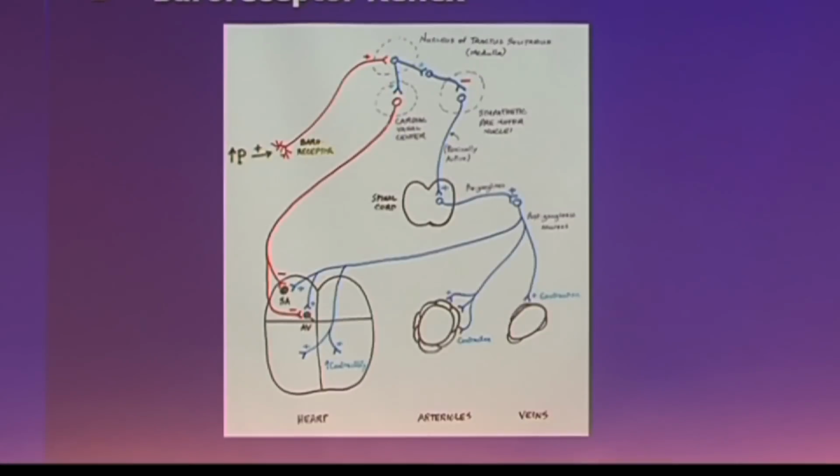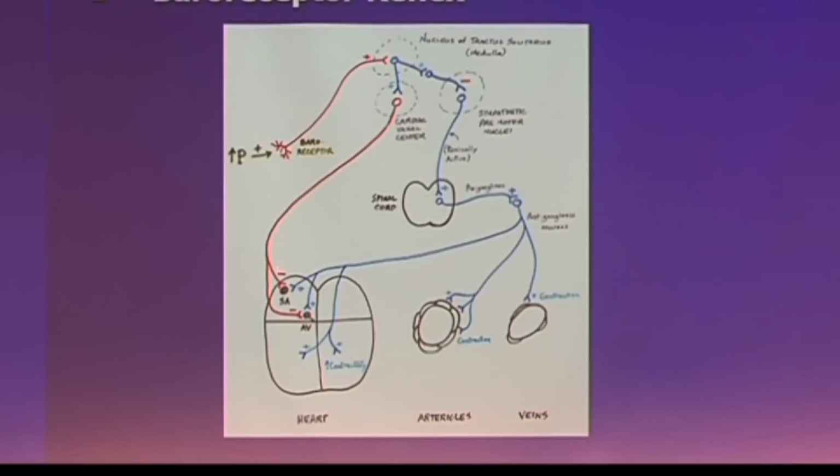So this is a drawing of the baroreceptor reflex. If the pressure increases, this red line here is showing baroreceptor neuron that is going to be reporting in a particular nucleus in the midbrain, that then, if the pressure increases, what do you want to do with the sympathetic system if the pressure gets too high? Inhibit sympathetic system or make it fire more?